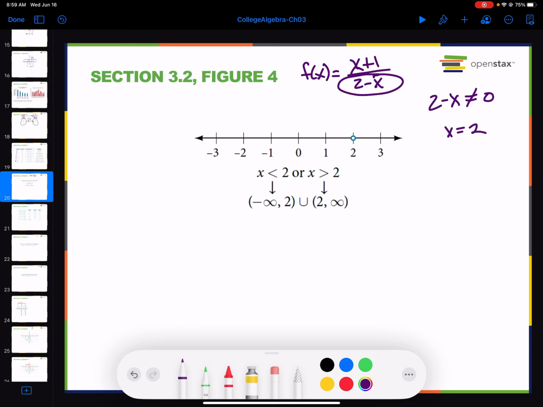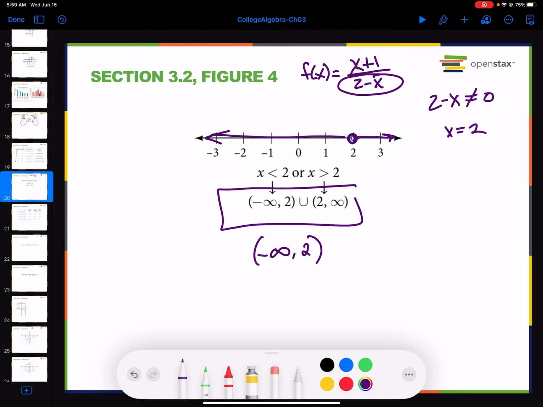So we want all numbers except for 2. So in this case, we're putting an open circle. That means we're not including that number. And it's all of these values on both sides of that. So you can write this in your interval as we're going from negative infinity to 2, and we're taking the union of those values and 2 to infinity.